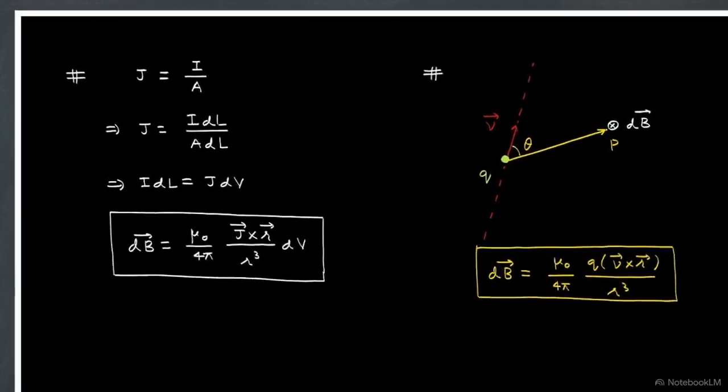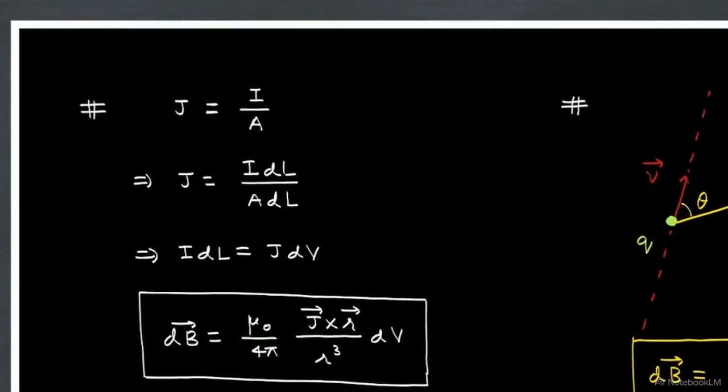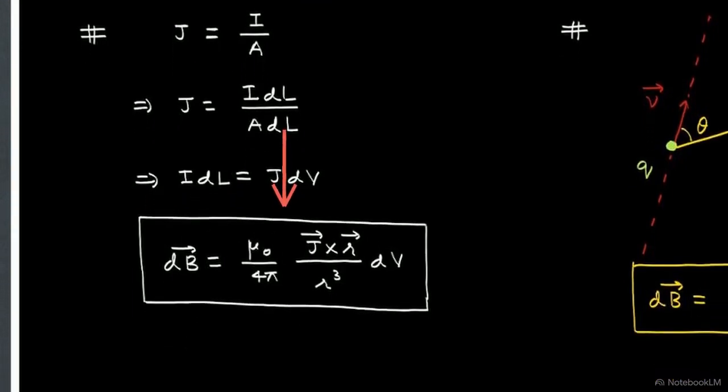To model a 3D volume, such as a plasma stream or metal block, we replace the linear current with J, the volume current density. Through algebraic substitution, the one-dimensional line element morphs into a three-dimensional volume element. The core structure of the volume formulation remains identical, simply swapping the line element for the density cross product.